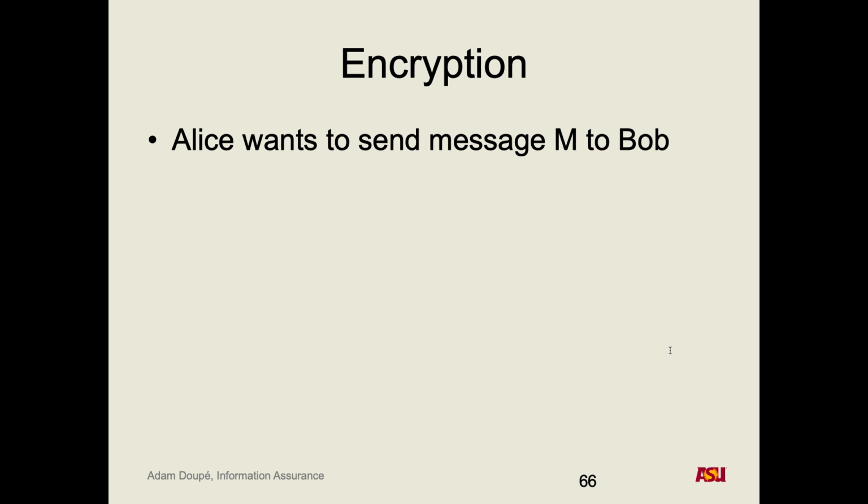Her private key? Or Bob's public key. Bob's public key, so what's the difference? If she used her private key, Bob would have to use her public key. And if she used Bob's public key, he would have to use his private key. Yeah, so it depends on what we want.